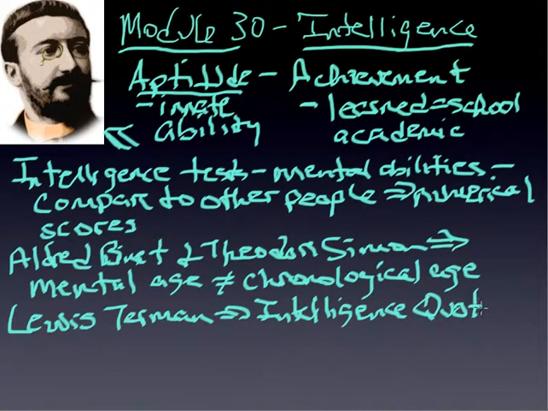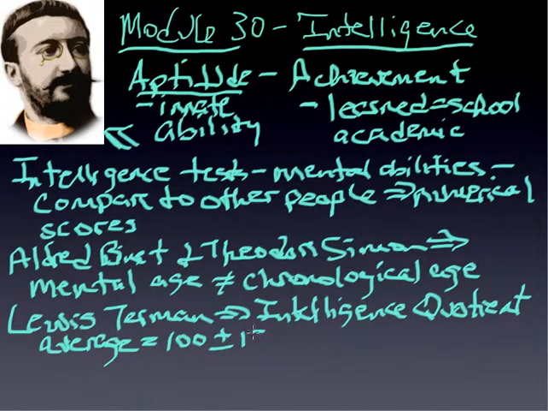And that has changed over the years considerably. The Stanford-Binet has one approach to measuring intelligence. Terman's test renders basically what you have as an average of 100. So the average is 100, and plus or minus 15 points, essentially.